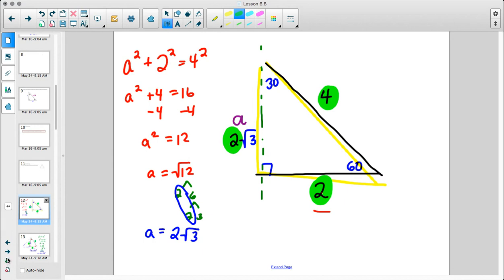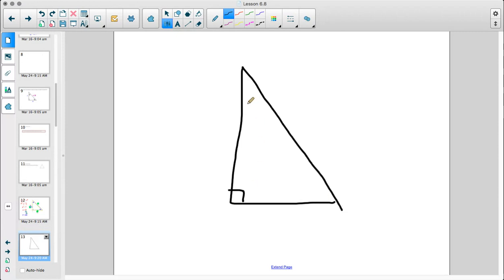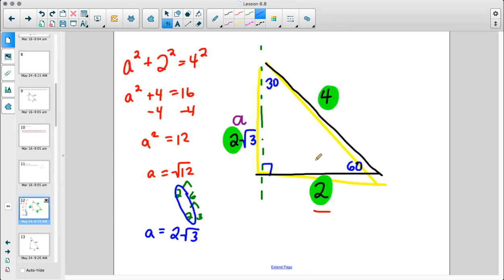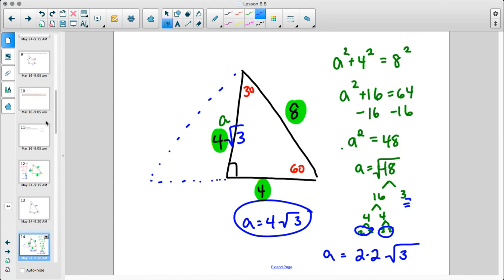So the way we write that as a general rule is we can say, instead of using numbers now, let's use variables to make it a general rule. So whatever the short leg is, let's call it x. The hypotenuse was always 2 times the short leg, right? So the hypotenuse was always 2 times 2 is 4, or 2 times 4 is 8.